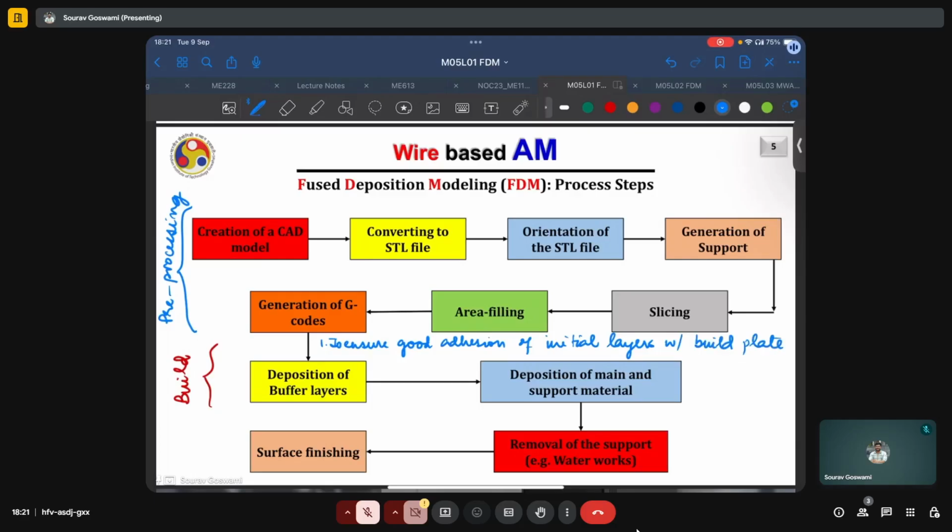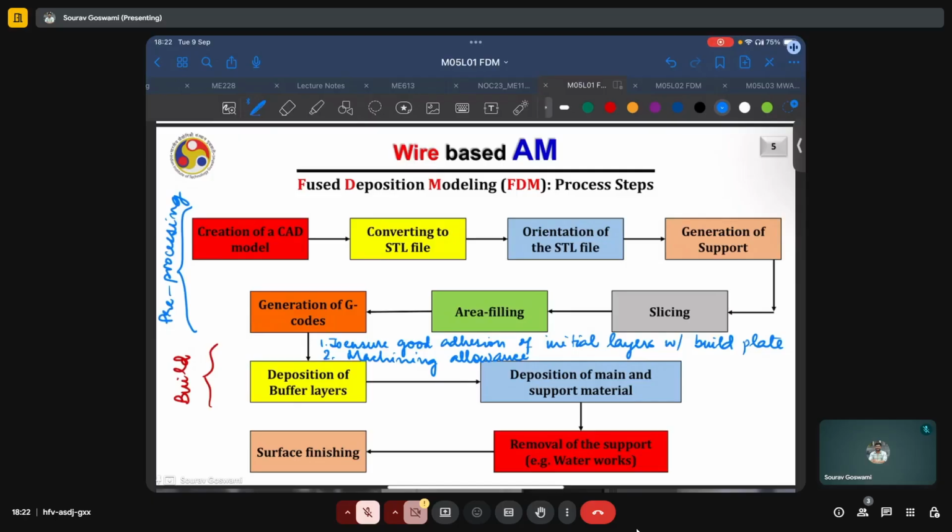A second purpose which they can serve is to provide the necessary machining allowance. Whereas rather than printing directly onto the build plate, we are printing on these buffer layers, which even if they get damaged, it does not matter because they are of a sacrificial nature.